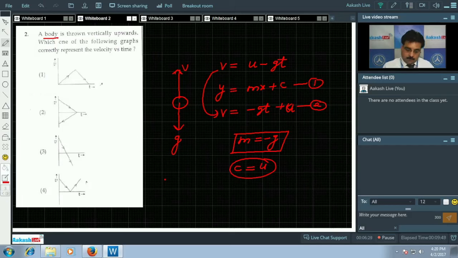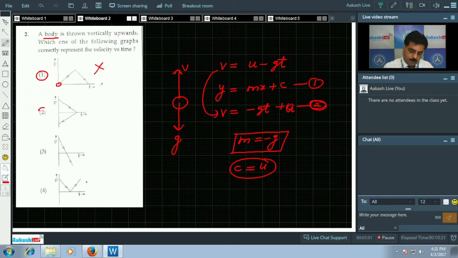And if I go for graph number 1, here you could see my observation will tell you the value of initial velocity will be positive, but graph number 1 is showing that initial velocity is equal to 0, but this is not possible in this situation. So option number 1 is not correct.